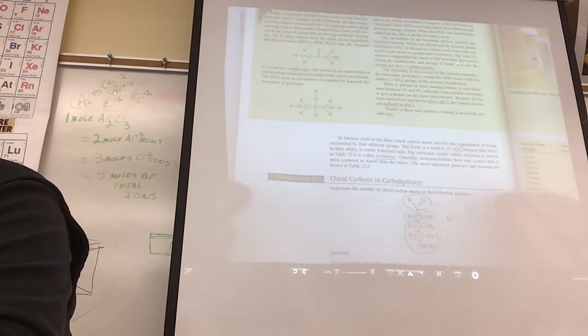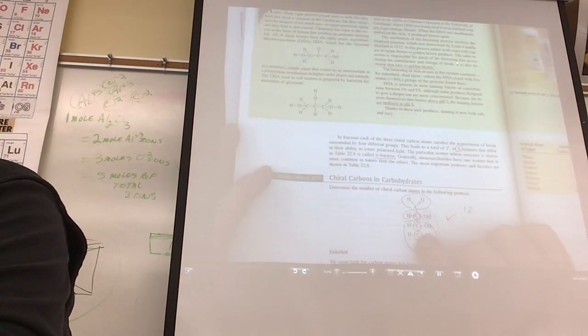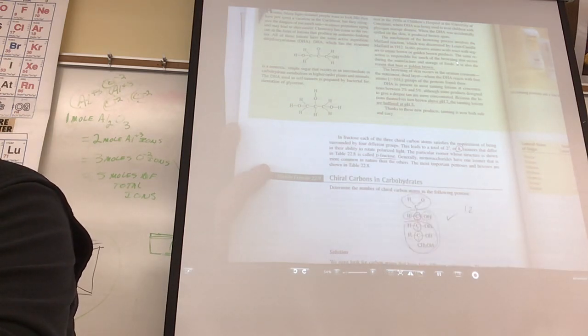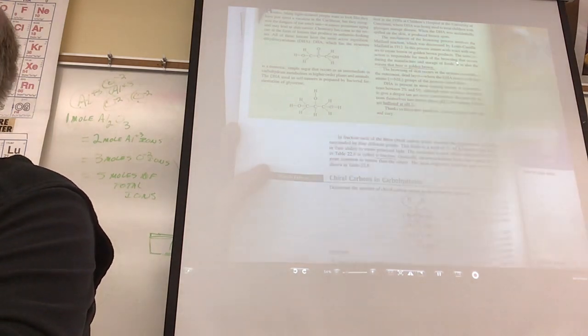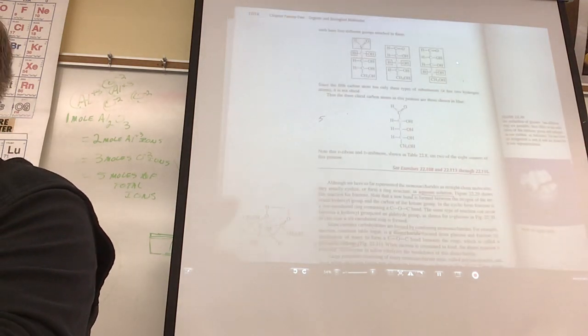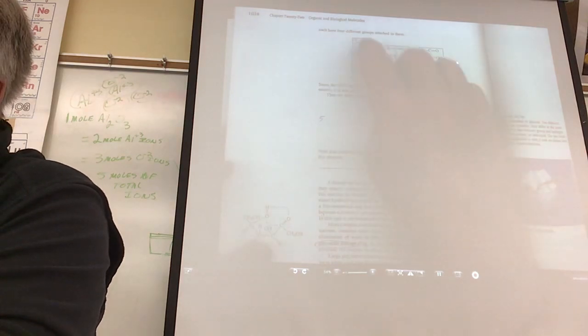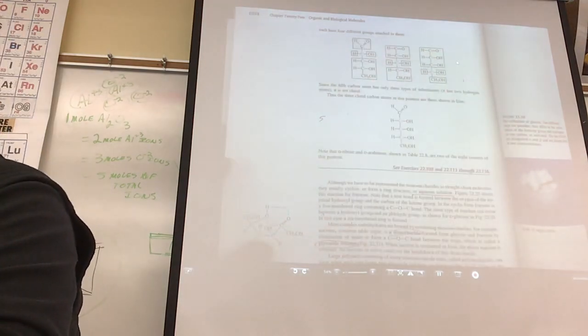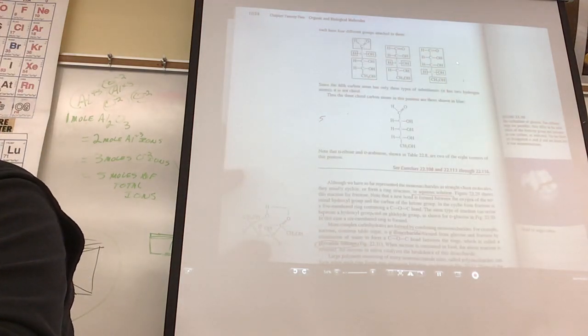And so it's chiral because it's attached to 4 different things. Now down here at the bottom, it's attached to this and this big chunk. So I circled the 3 chiral carbons. If you take your book home, they actually did a good job putting squares around the 4 different things that you see. And anyway, that's what's called chirality.